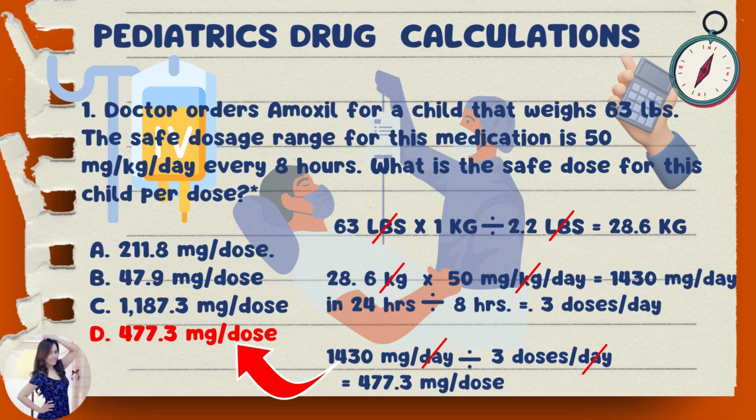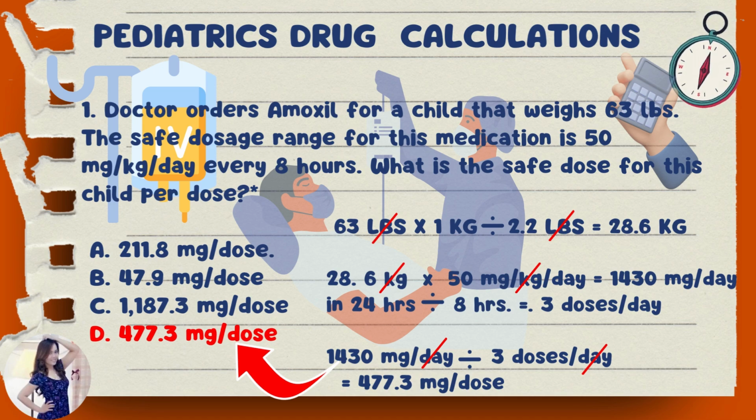The computation is 63 pounds times 1 kilogram divided by 2.2 pounds. The answer is 28.6 kilograms. The 28.6 kilograms, the weight of the child, times 50 milligram per kilogram per day, the recommended dose given by the doctor. The answer is 1,430 milligram per day.